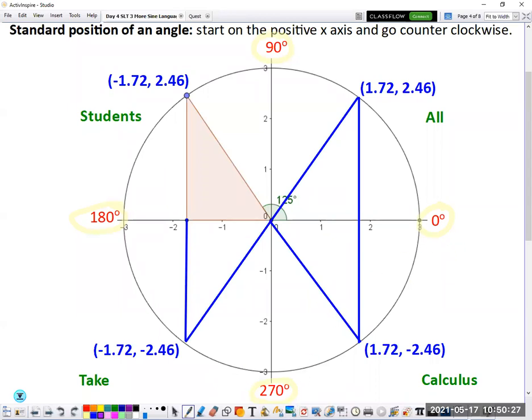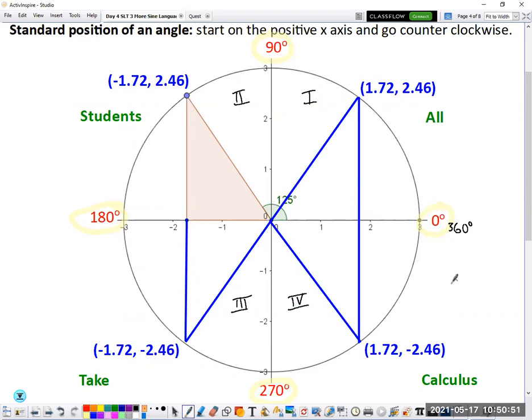I want everyone to make a note that these angles 0, 90, 180, 270, and even 360, they are special angles. Now they fall on the quadrant line. See how we've divided up the first quadrant, the second quadrant, the third quadrant, the fourth quadrant, they fall on the quadrant lines.